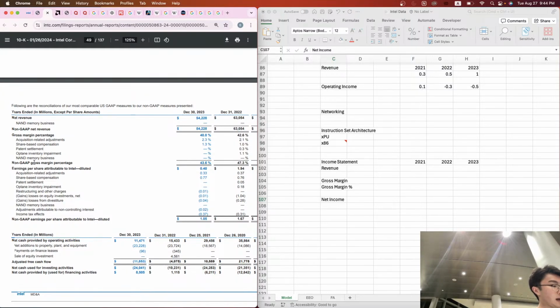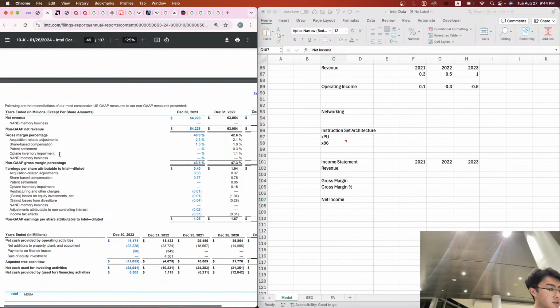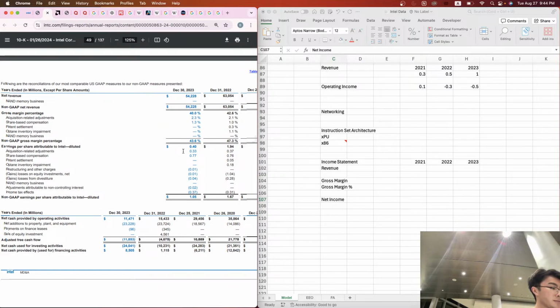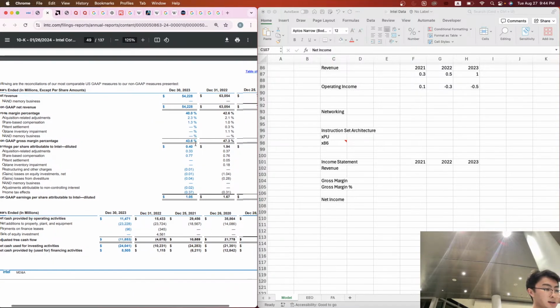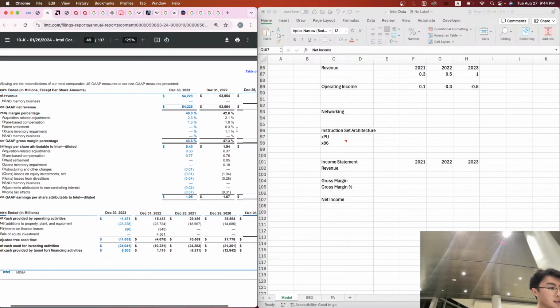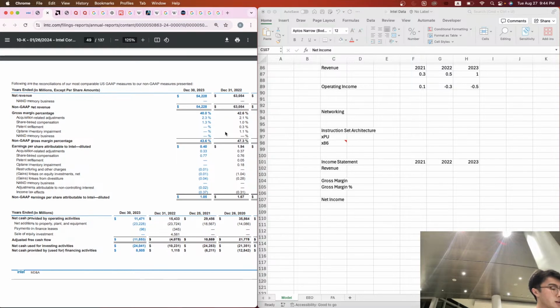Okay, so they have a non-GAAP. What they're doing here is taking out acquisition-related adjustments and also taking out any share-based compensation expense. So I guess that gets to a 43% gross margin. In 2023, this one's a bit higher, so they had a patent settlement. I guess they're just normalizing their gross margins or their COGS here to take care of, in most cases, acquisition-related adjustments and share-based compensation.